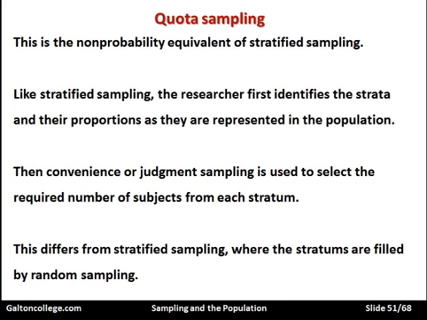It's different from stratified sampling, where the strata were filled by random sampling. So stratified sampling was more scientific. It picked members from the various strata randomly. With quota sampling, the researcher is simply selecting respondents from the various strata.